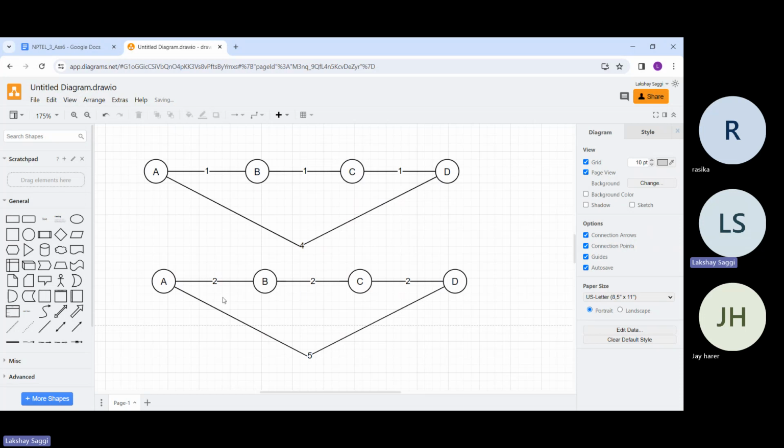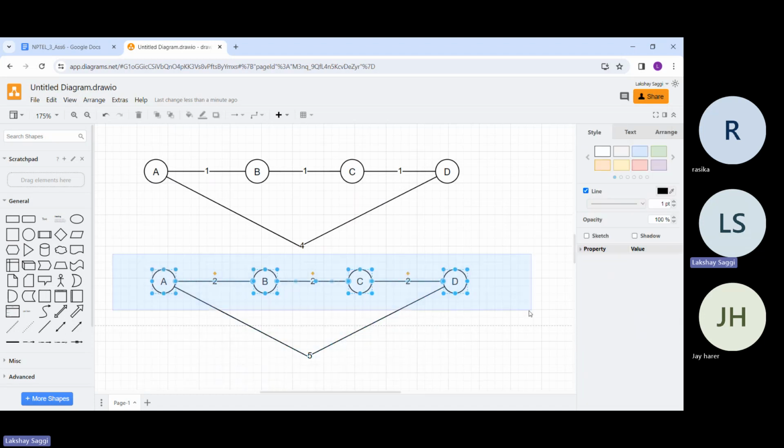Now this ABCD path has a length of 6, whereas this A to D path only has a length of 5. So now A to D becomes the shortest path. Initially the shortest path was ABCD and the A to D path was longer, but now if we increase all edge weights by 1, A to D becomes shorter than the ABCD path.